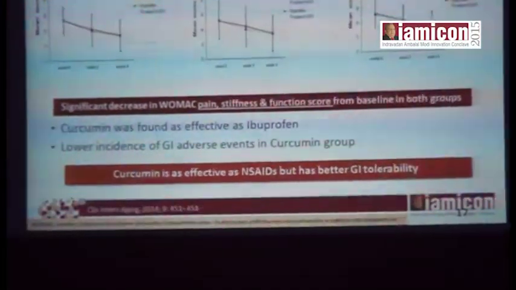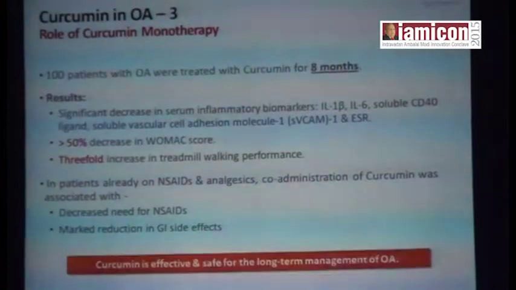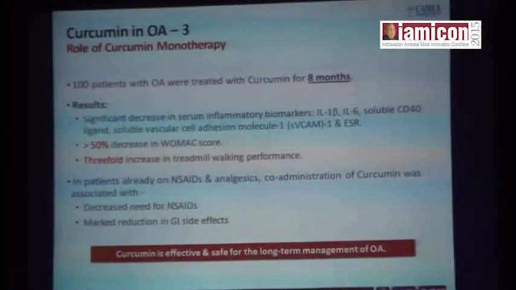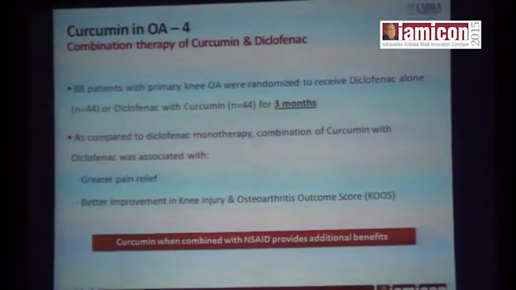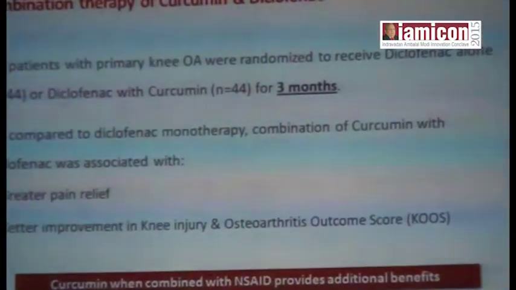There is a comparative study of curcumin with ibuprofen, where curcumin is as effective as NSAIDs, but has better GI tolerance. It significantly decreases the WOMAC pain, stiffness and functional score from baseline in both groups. Curcumin is effective and safe for the long-term management of osteoarthritis. Curcumin, when combined with NSAIDs, provides additional benefits.